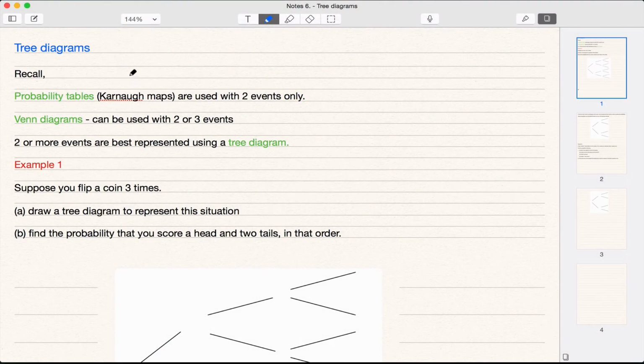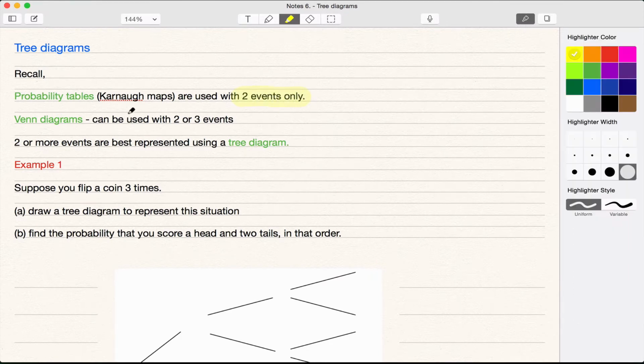Now you'll recall from previous videos that probability tables, or Karnaugh maps, also called two-way tables, work best when you have two events only. They can't work with more than two. Venn diagrams can be used with two or three events.